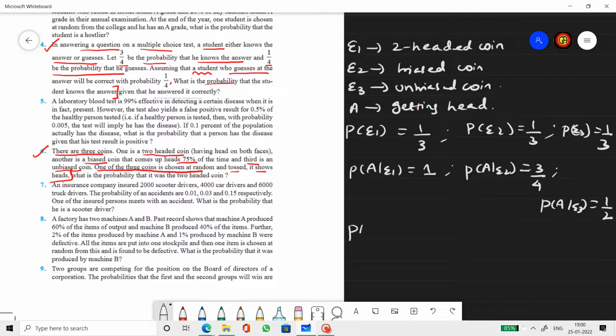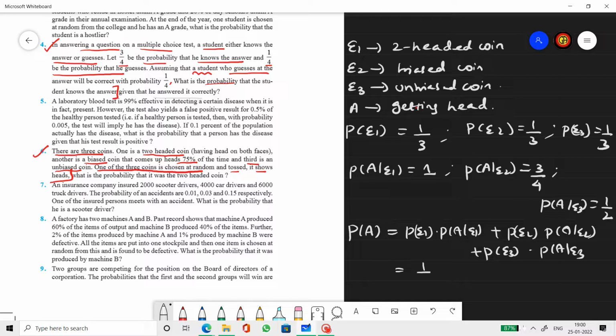So probability of getting head is nothing but the total probability, which is P of E1 into A given E1, P of E2 into A given E2, plus P of E3 into A given E3, which is 1 by 3 into 1, plus 1 by 3 into 3 by 4, plus 1 by 3 into 1 by 2. This is the total probability.